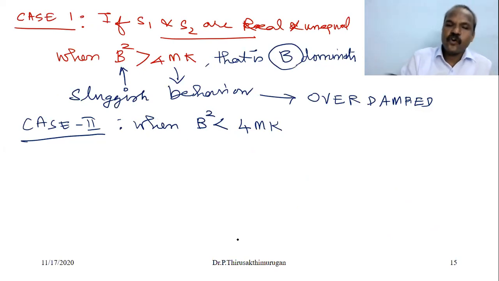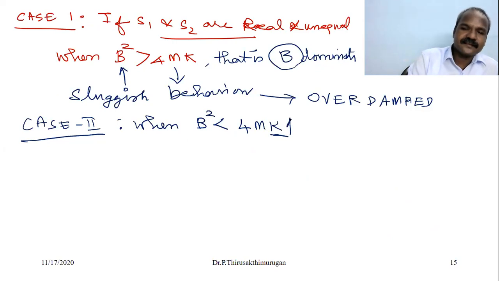So which is dominating here? Here k dominates. The mass of the device is the same, but it depends on m, b, k.